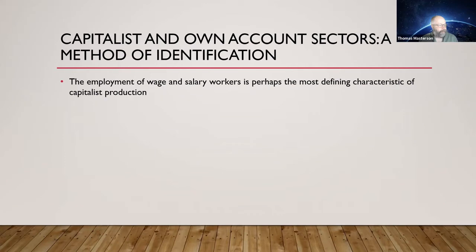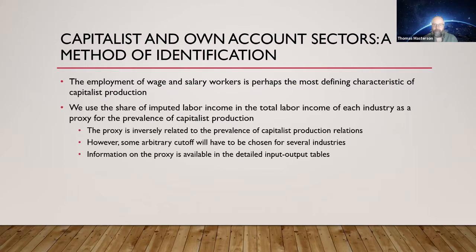And so we use the share of imputed labor income in the total labor income of each industry in the SAM as a way to identify how prevalent capitalist production is in that sector. The more labor income is a share of the total income in that sector, the more capitalist it is, because the more wage or salary labor there is in that sector.